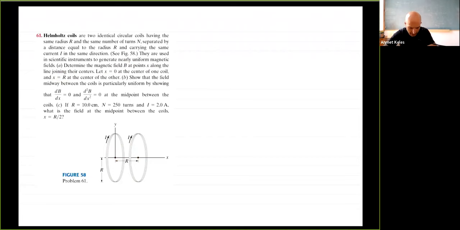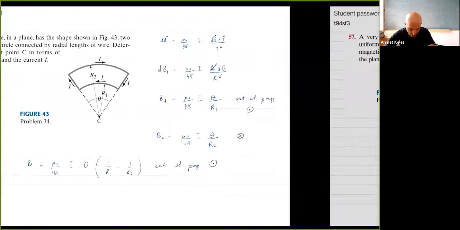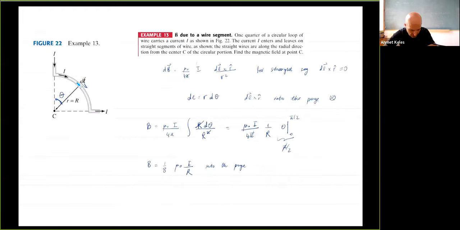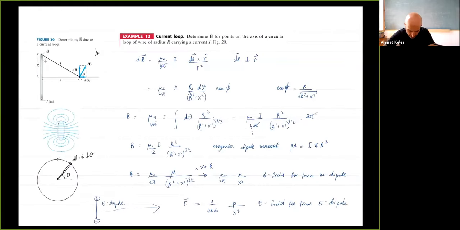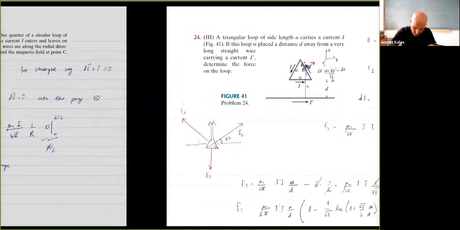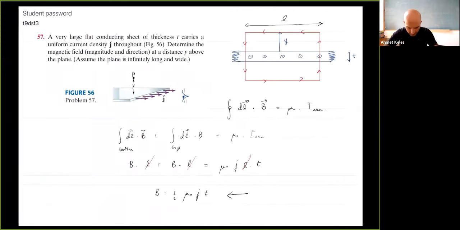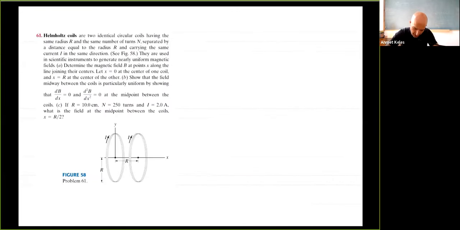Okay. So I think we calculated the loop. Let's just copy this. I think somewhere here we calculated the loop, so this is the magnetic field. Let's copy, paste.